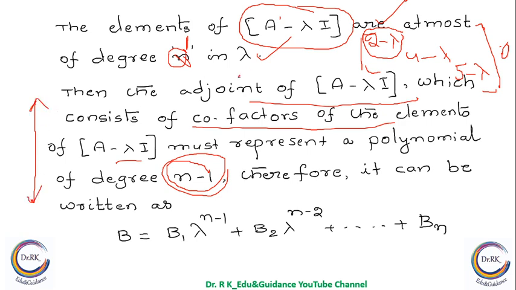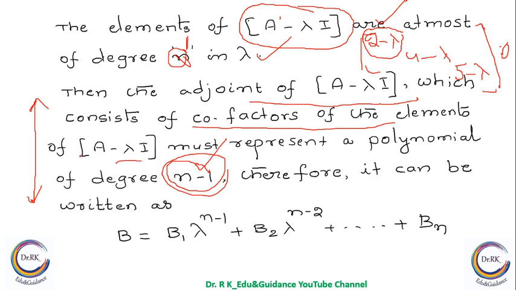If you see this example, if you expand 4 minus lambda into 5 minus lambda, this is a 3 by 3 matrix, so we'll have lambda square at most. A 4 by 4 matrix will give lambda cube. So if it is a matrix of order n, then we'll get n minus 1.